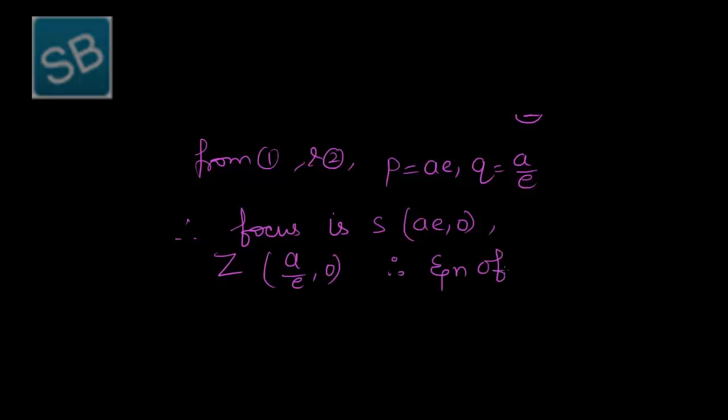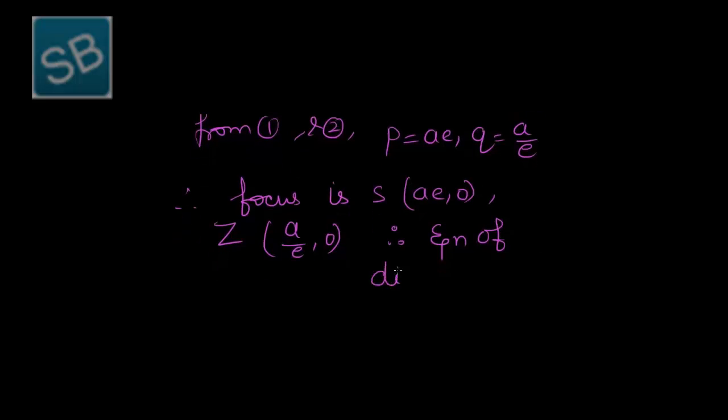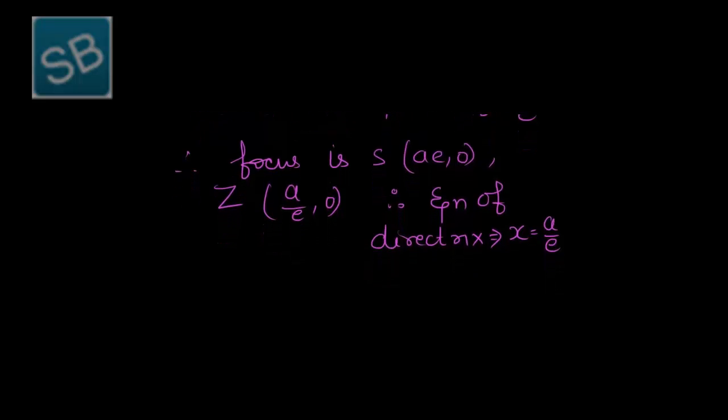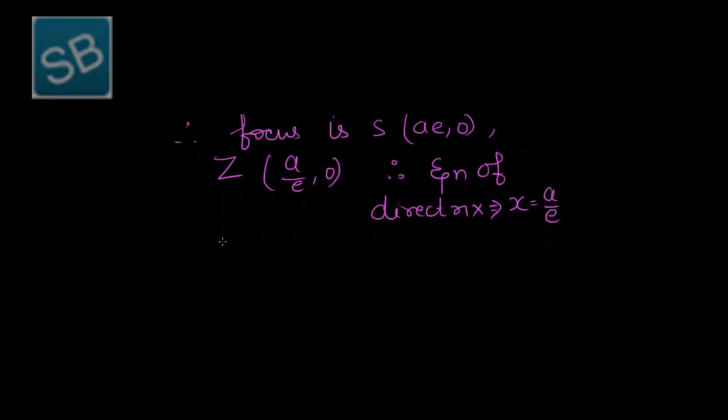Therefore, equation of directrix becomes x is equal to a over e. Now, as we know the focus point and equation of directrix, we can use the eccentricity formula to get the standard equation of ellipse. Let P with coordinate (x, y) be any point on the ellipse.